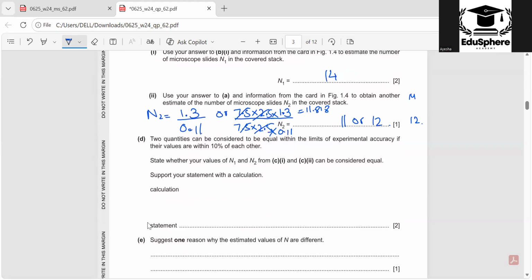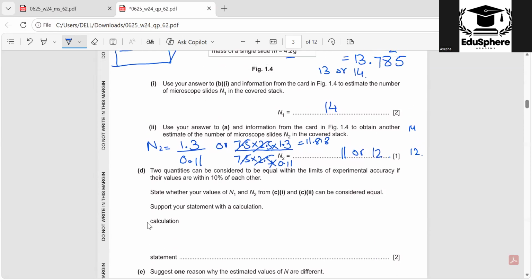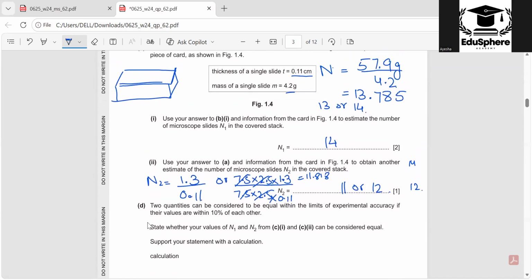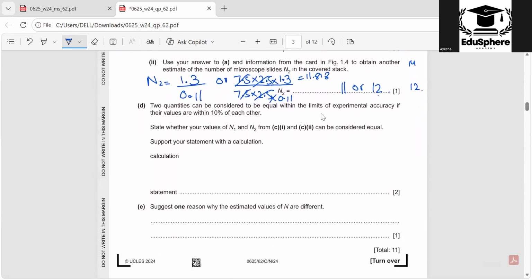We have to state whether the values of N1 and N2 from C part 1 and C part 2 can be considered equal, and in the next part, we will suggest that they are different. For these values, we will take the nearest value of 13 from this side and 12 from this side. So I'm taking the values as 13 or 12.